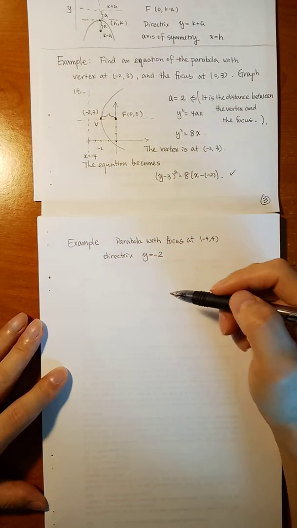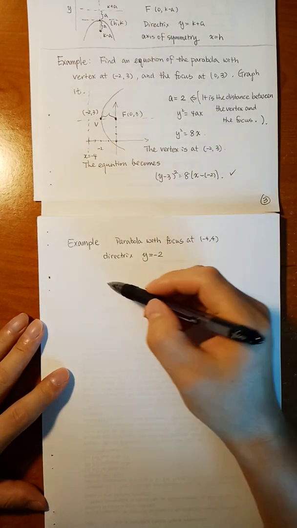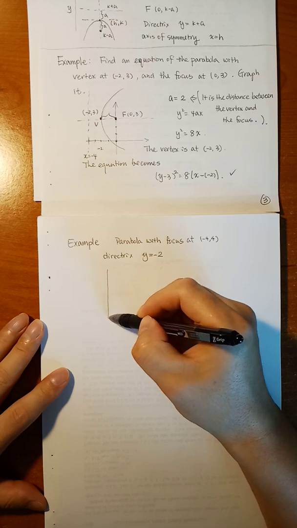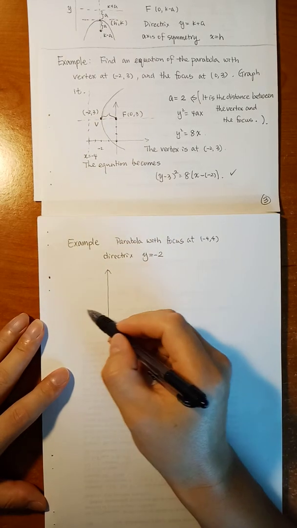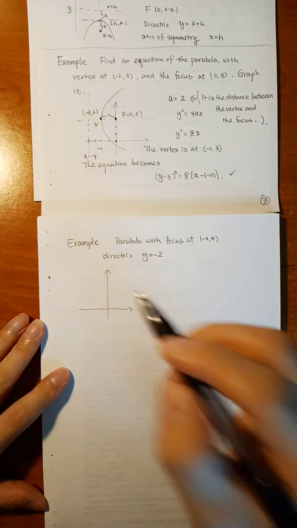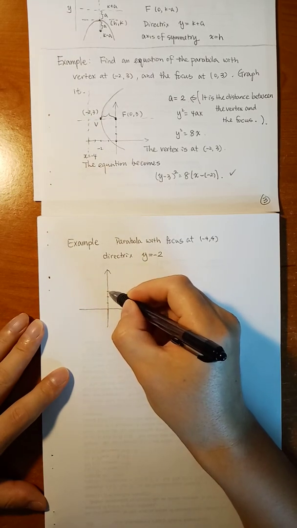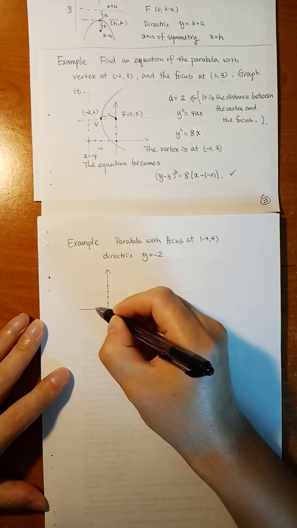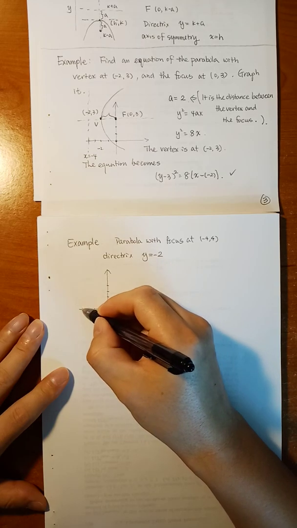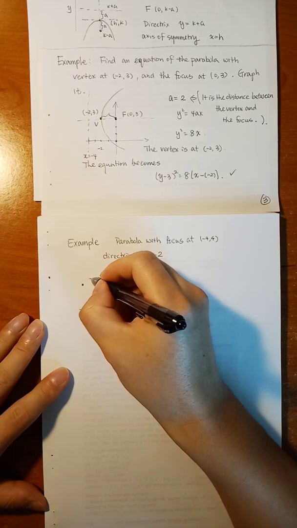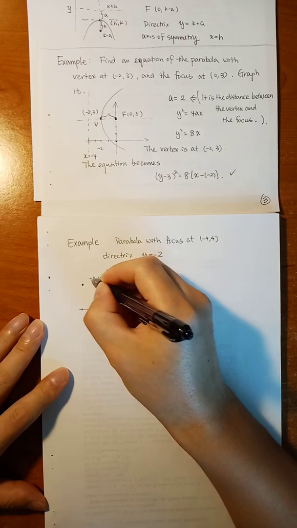Okay, let's try to give the equation. Y is equal to -2, and the focus is -4, 4. 1, 2, 3, 4. This is -4, 4.